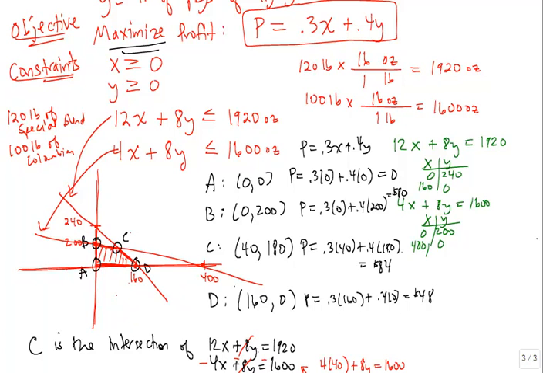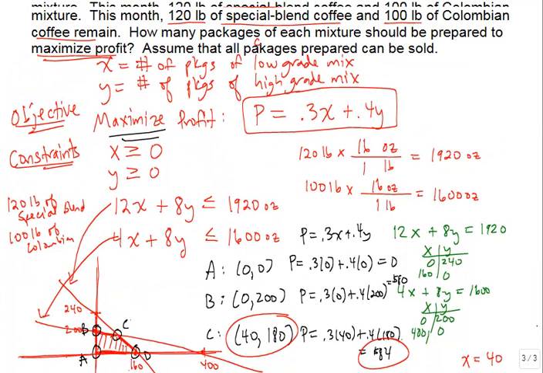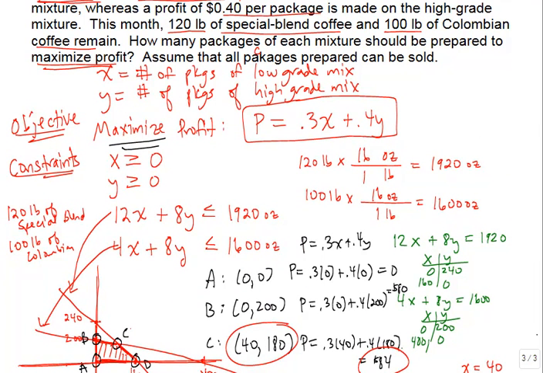And we're looking for maximum profit. So which of these profit numbers is biggest? Right here. So this is our solution. So we need x to be 40 and y to be 180. And remember what these represented. So 40, or x here, was our packages of our low-grade mix. That was how we defined it up here.